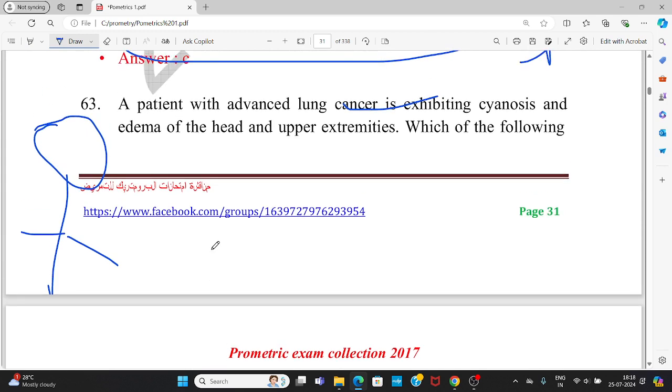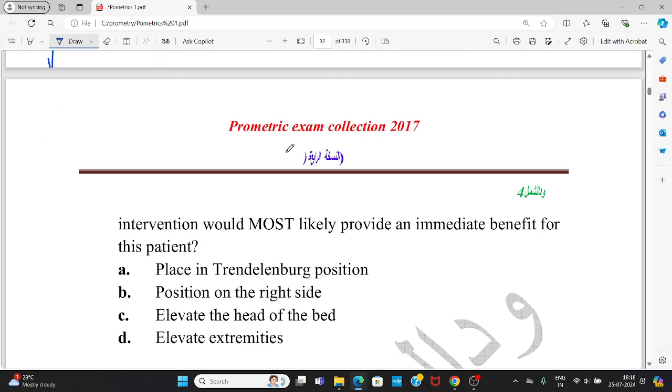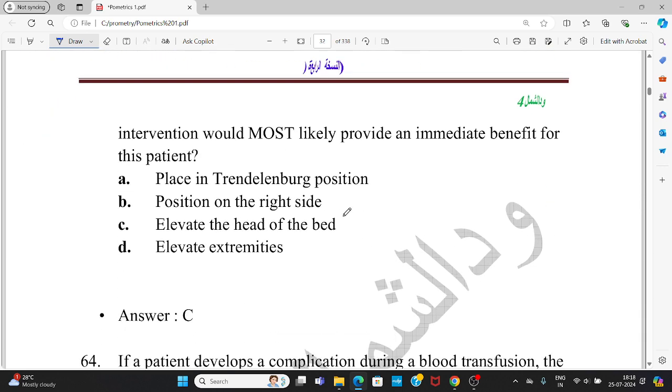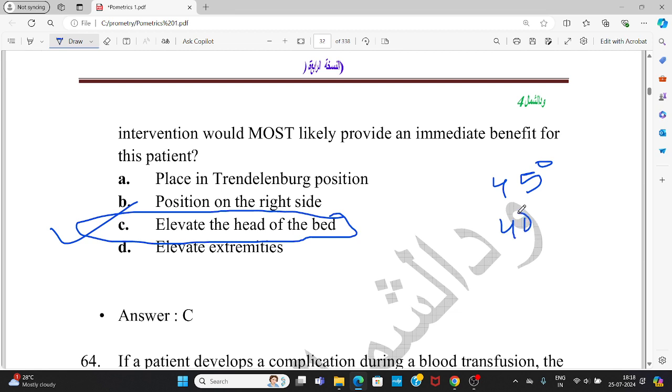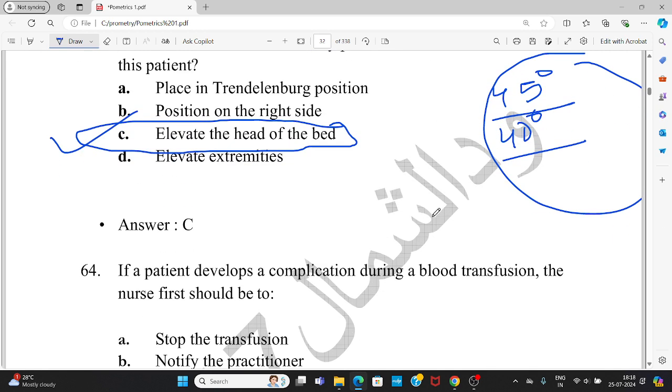So the patient is having cyanosis. Whenever the patient is having respiratory depression or cyanosis, and when there is edema of the upper extremities, it is always advised to elevate the head of the bed. Okay, elevate the head of the bed. I even told you in another class, 45-degree elevation, 40-degree elevation. These are the common questions which are asked. Okay.